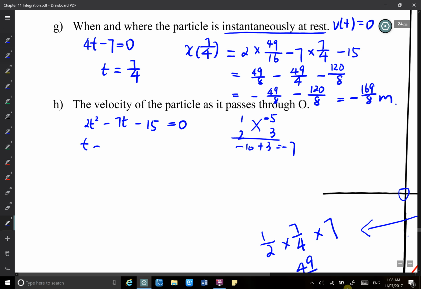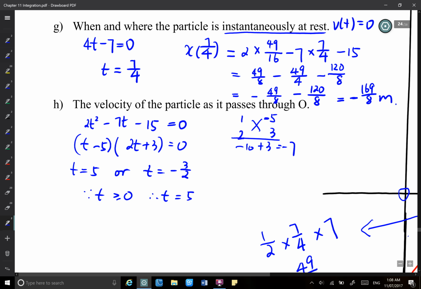So (t minus 5)(2t plus 3) equals 0, which t is 5 or t is negative 3 over 2. Because t can only be greater than or equal to 0, t is 5.